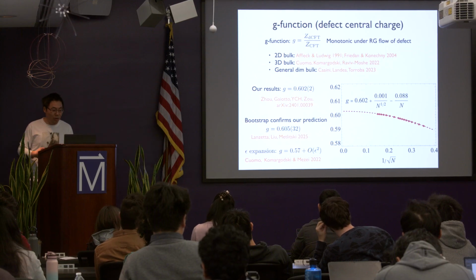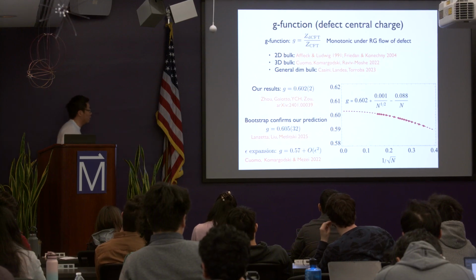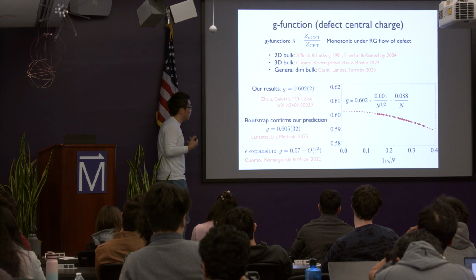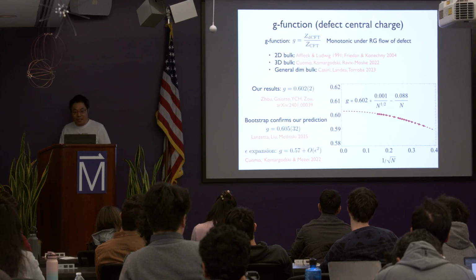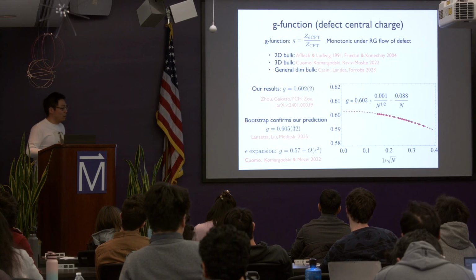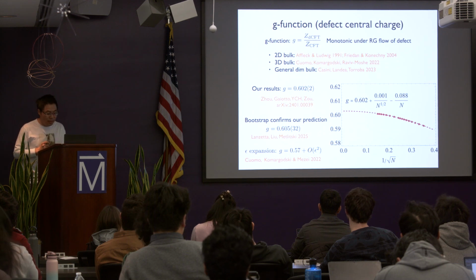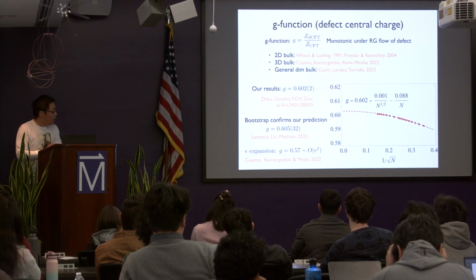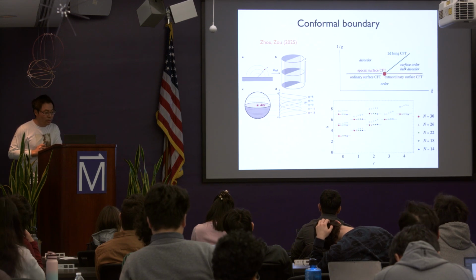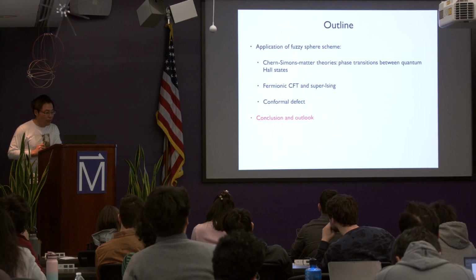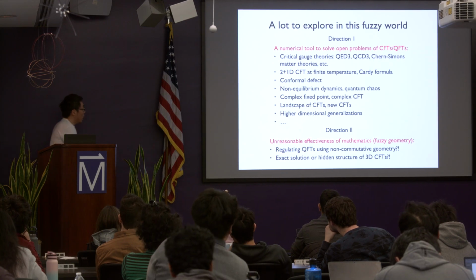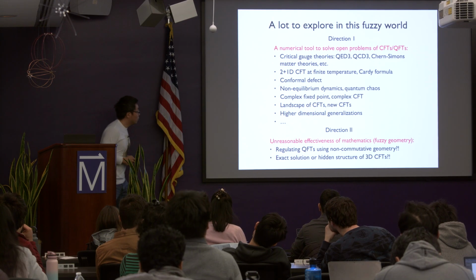That gives us more confidence that our fuzzy sphere method is really powerful, because most of the things that we have computed are not available from other methods. So at the moment, this is really a nice example that confirms our results.